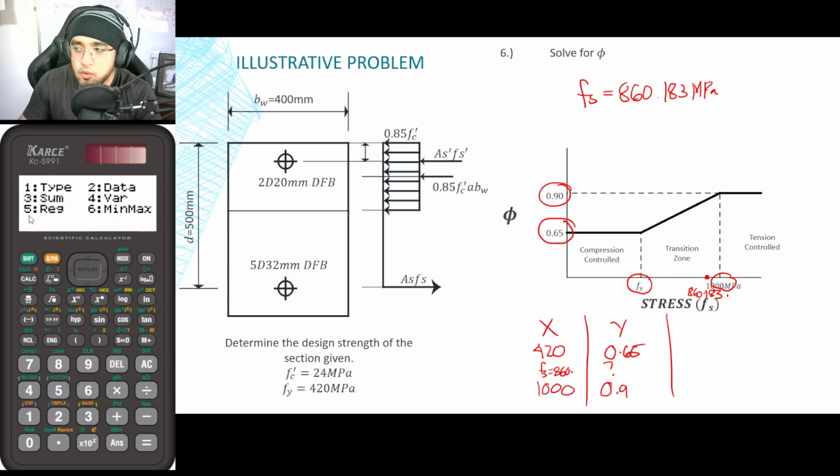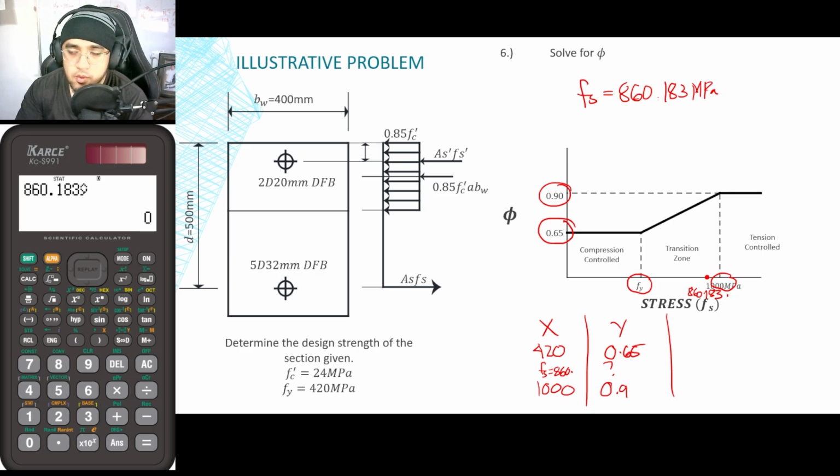Then I would now be going to reg or regression, and by 5, then I would now be pressing 5 once again for y caret. So y caret, then I will now type what the value of x is. So the value of x is 860.183 times y caret. So upon pressing equal sign here, it will now solve what the value of y is if x is equal to 860. So equal sign.